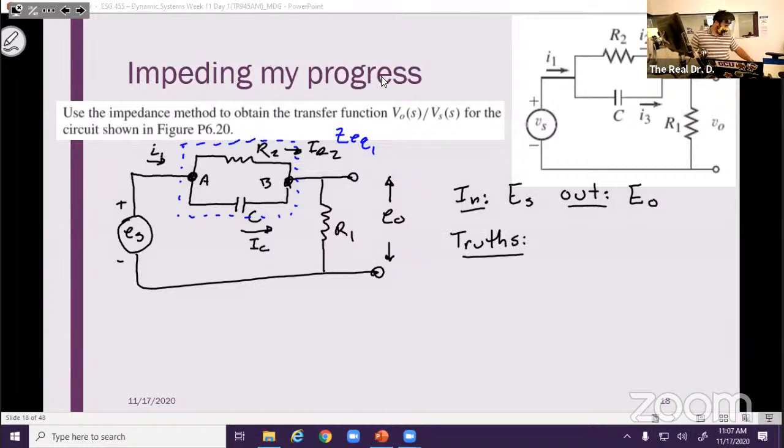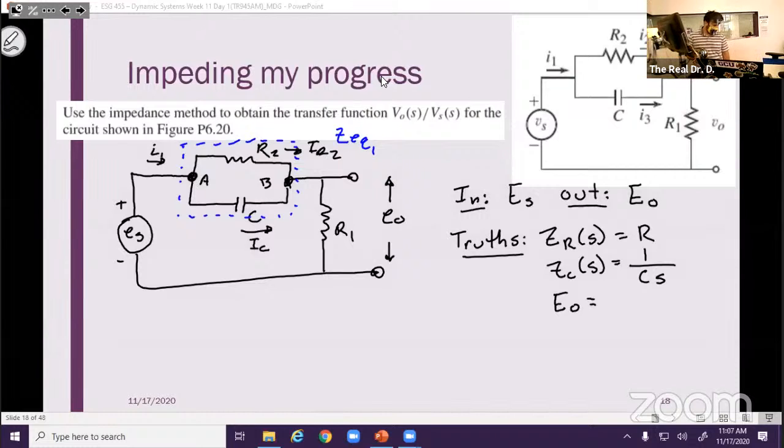Well, my truths here tell me that I know ZR of S is equal to R. ZC of S is equal to 1 over C times S. And I also know that the voltage drop across E out is equal to R1 times I, we'll just call it I of S, some current coming out there, right? There's some current coming out here, we'll call it I. There's just some current.